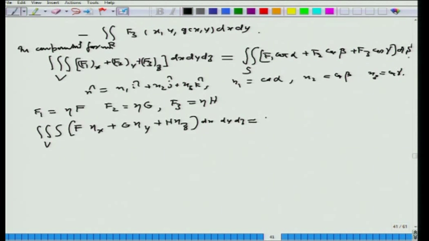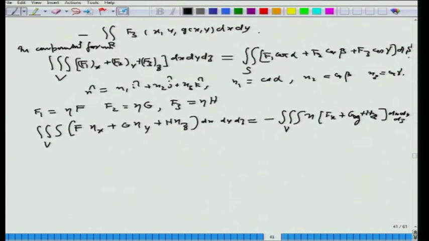We take it to the other side with the minus sign, and so we will have over V eta times f x plus g y plus h z dx dy dz.